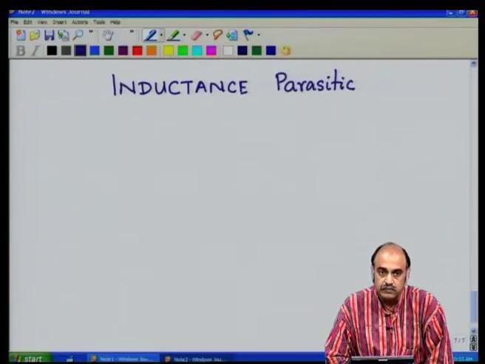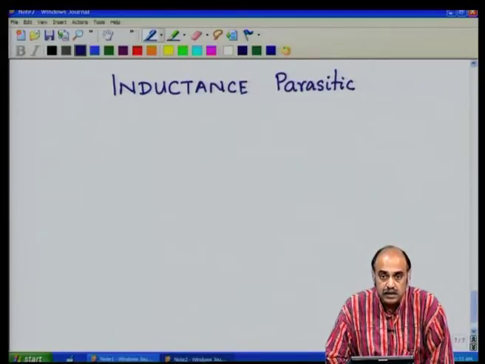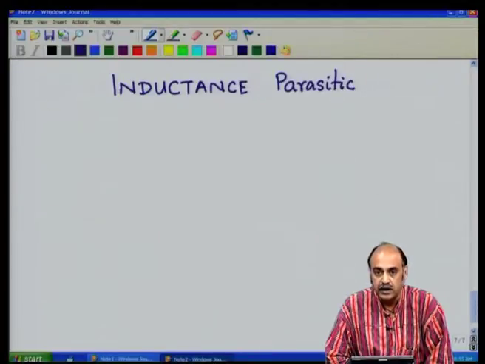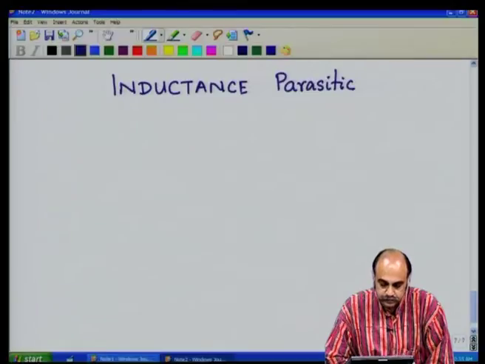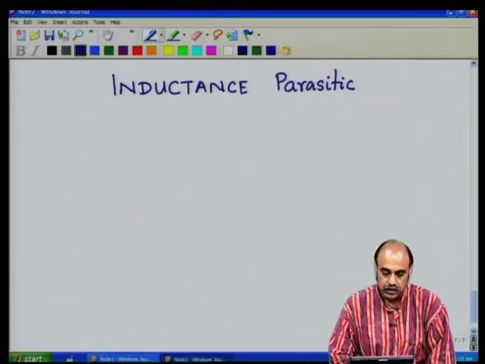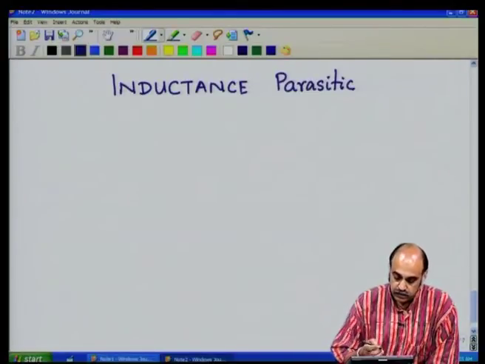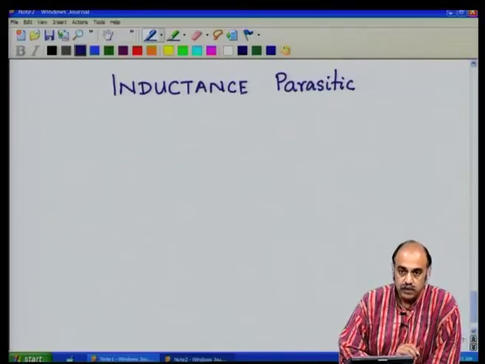So, actually, high frequency spiky currents flow through the grounds and the supply lines and disturb the stability of the potentials on the supply and the grounds, and these can really cause great havoc in high speed circuits. So, let us see what we would like to look at in the inductance.